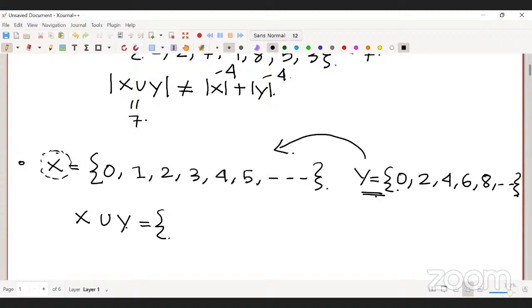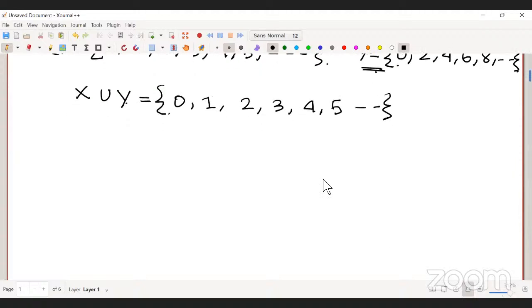So X union Y is nothing but 0, 1, 2, 3, all the natural numbers. So next, take an example.